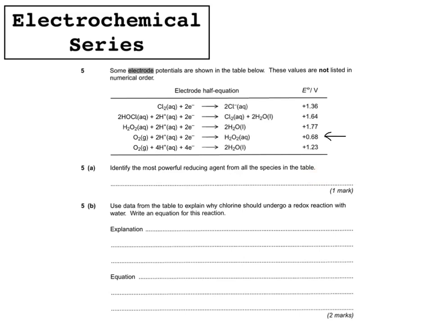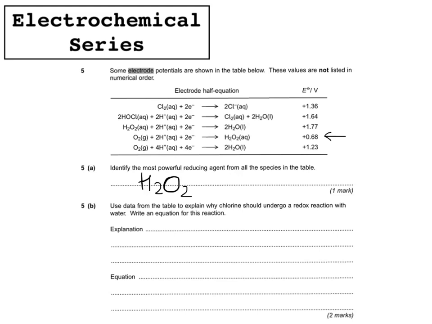That's the most negative out of the lot. If that is a reducing agent, if you're going to reduce something else, it has to be losing electrons, which means the thing that's actually losing electrons in this half equation is the H2O2. And so H2O2 is the most powerful reducing agent in that table.